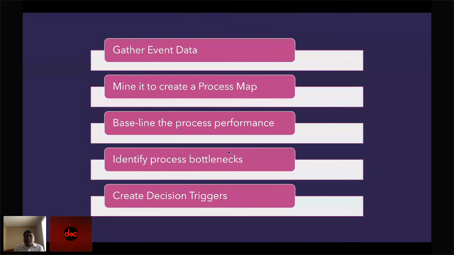And this tells us how to improve this process. And once we know the process performance and understand the process bottlenecks, that is the step when we create what we call the decision triggers. The decision triggers will allow us to create actions that would help us improve the process performance.